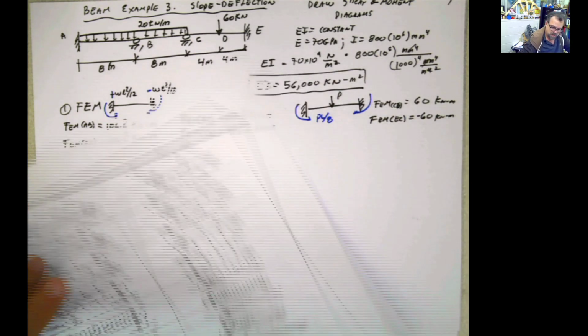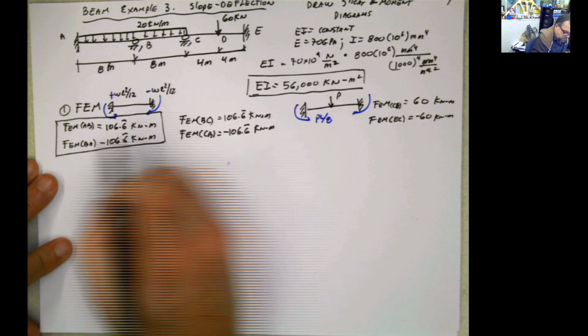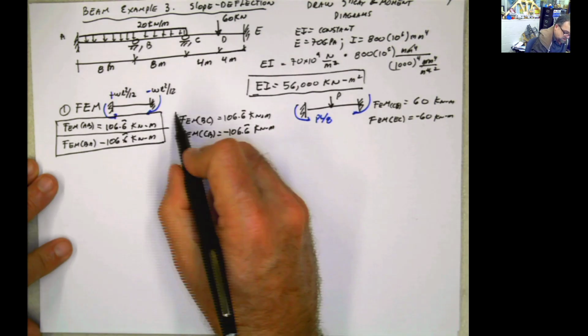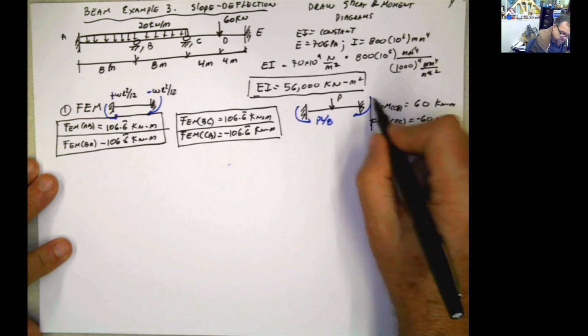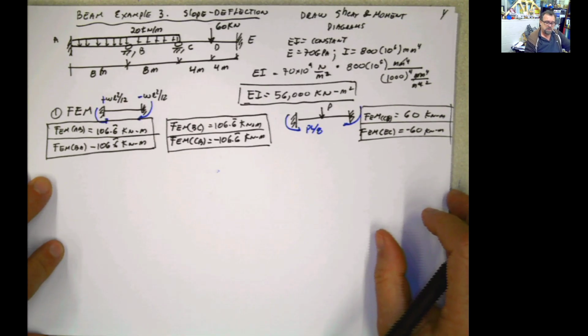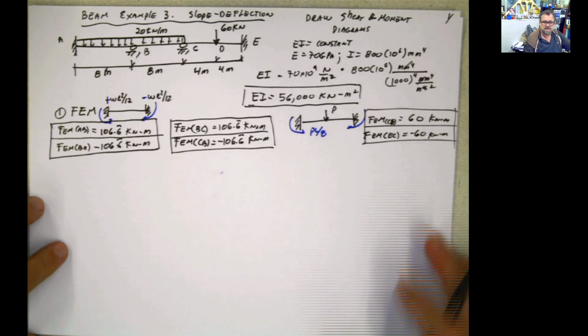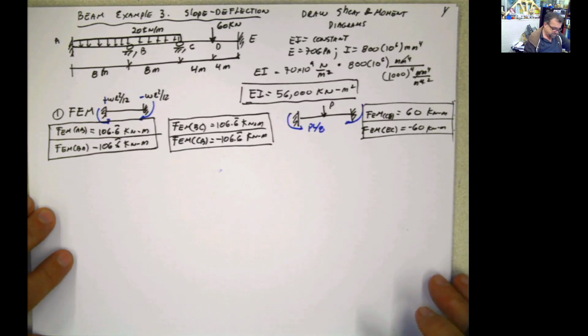Done. This is what I like about this method, is that it's standardized, at least the part for beams. The only thing that you have to be really careful with is when you have the psi value and you have displacement. And don't worry, we're gonna do that with frames and you're gonna have fun.